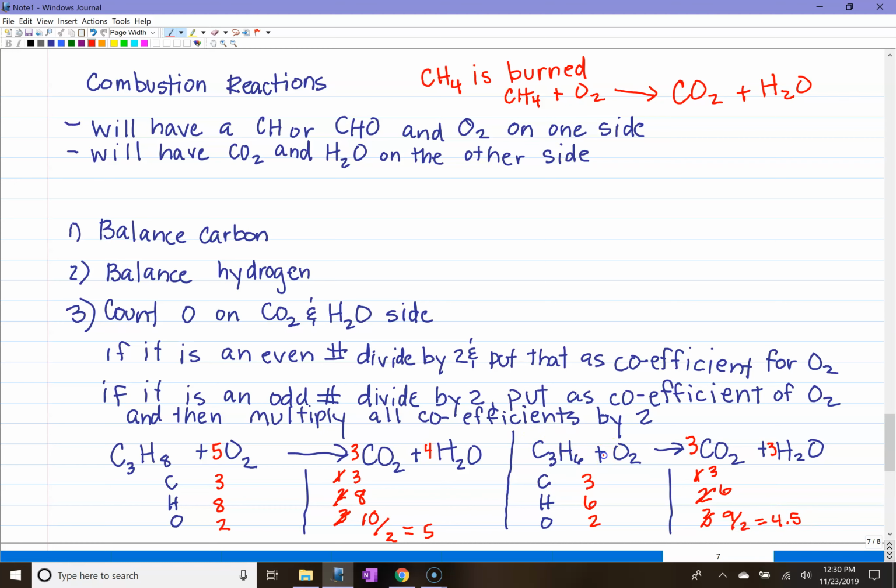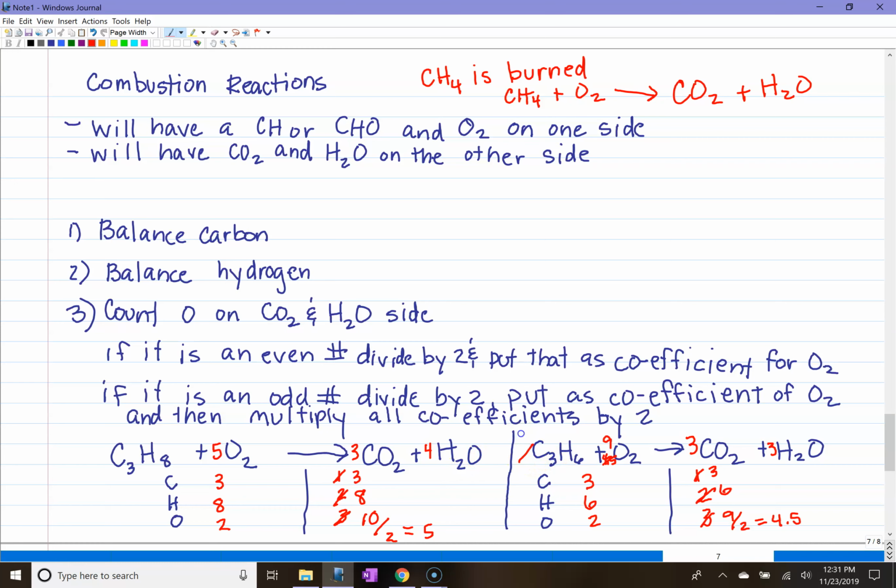If I put a 4.5 in front of O2, I can't leave it there because I have a decimal number. So what I'm going to do is multiply each coefficient by 2. And that's going to make my 4.5 a 9, which will be a whole number.